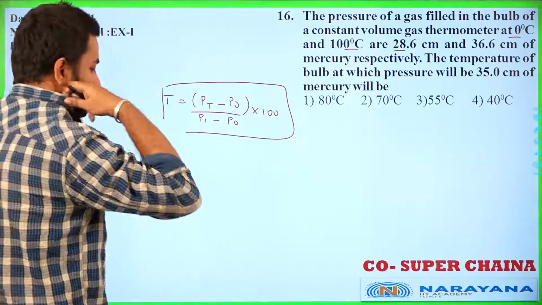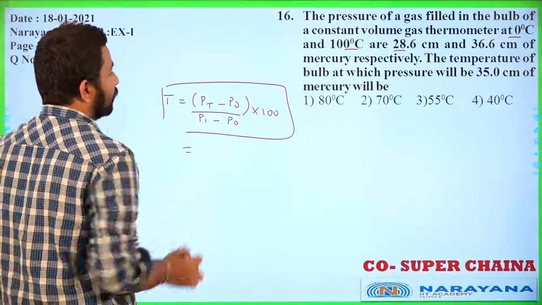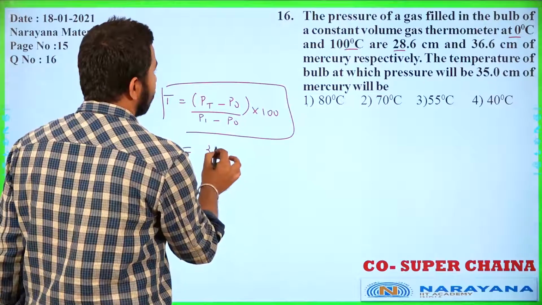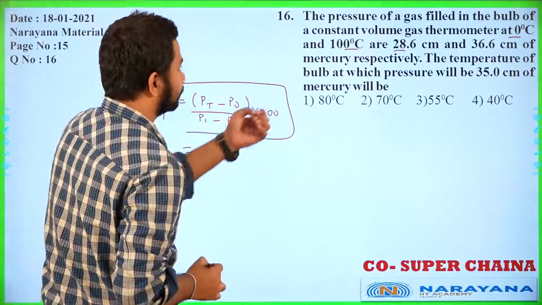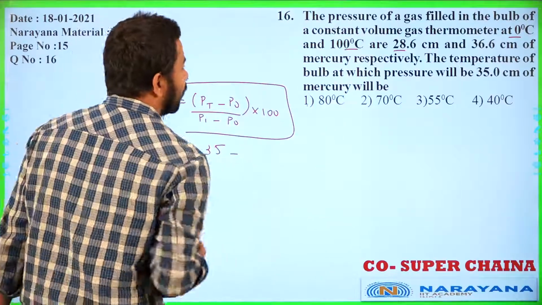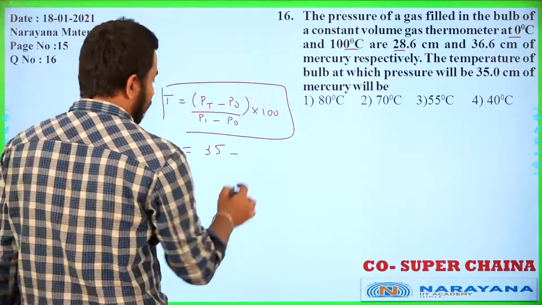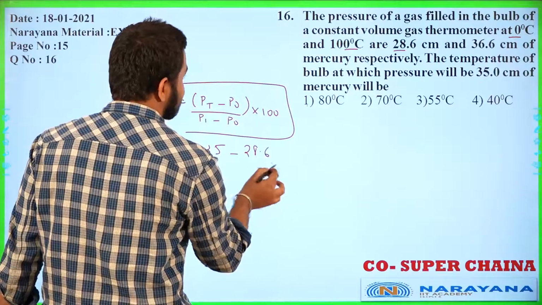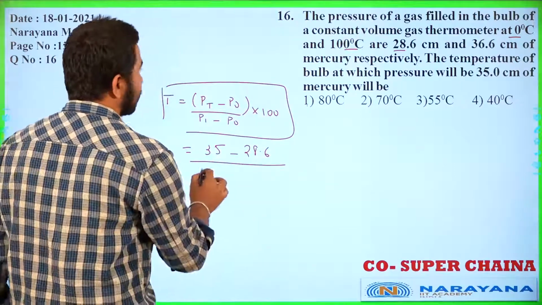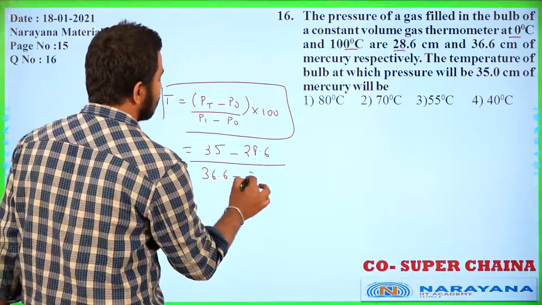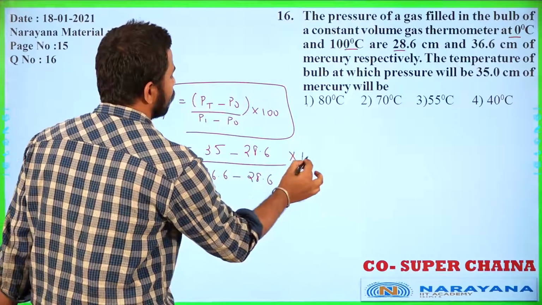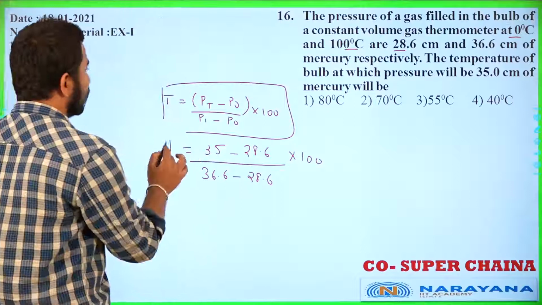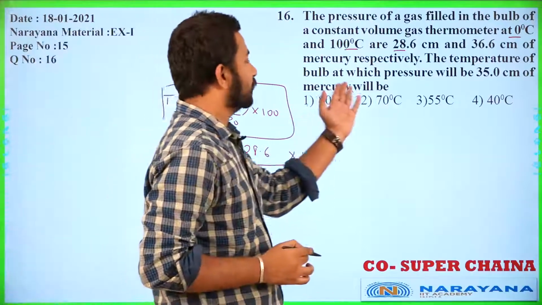This is the formula which we write. For the Pt value it will be 35 minus 28.6 by 36.6 minus 28.6, just substitute the values, student.